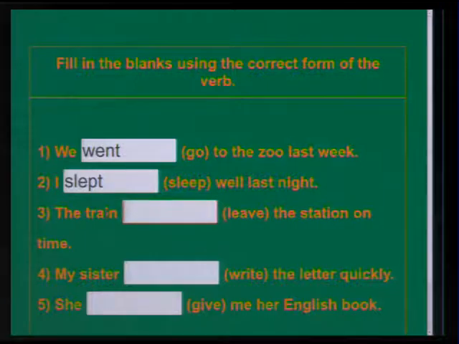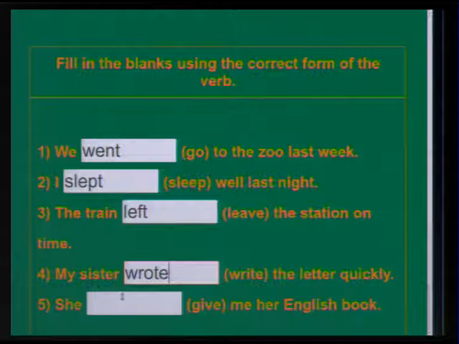What is the past form of it? Left. Yes. The train left the station on time. The fourth one, my sister blank write the letter quickly. Yes, you have to say wrote. My sister wrote the letter quickly.